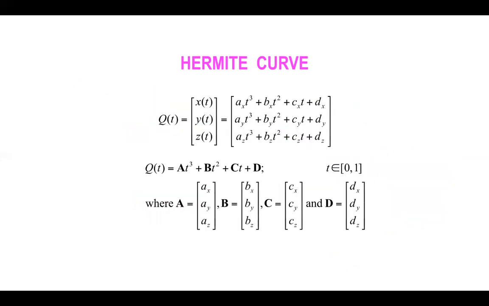First of all, we have to define the Hermite curve in terms of a cubic. I would say that the Hermite curve is a cubic. Cubic means the highest degree is equal to 3.